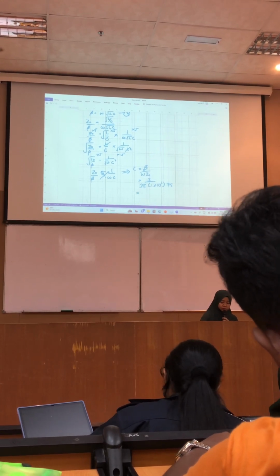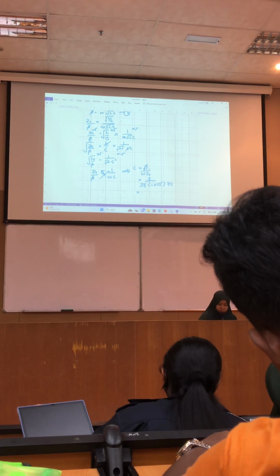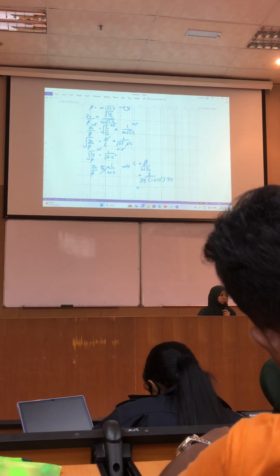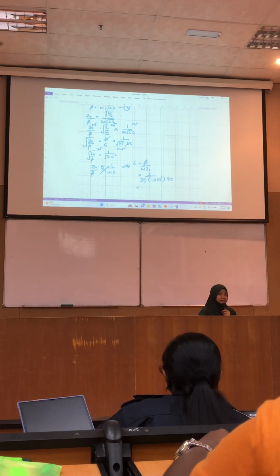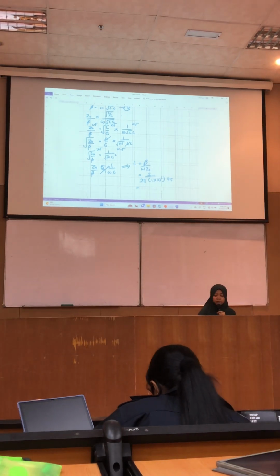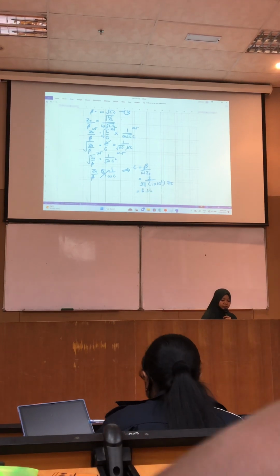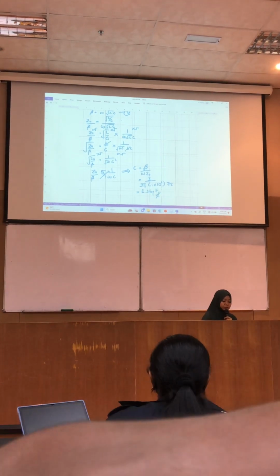C is equal to 6.36 pico. Got it? Okay, good. 6.36 pico. Alright, C is settled.